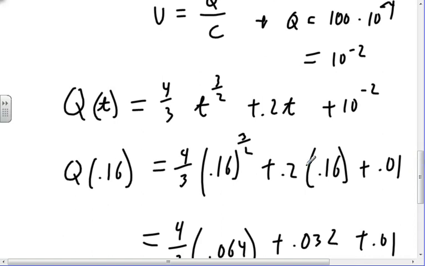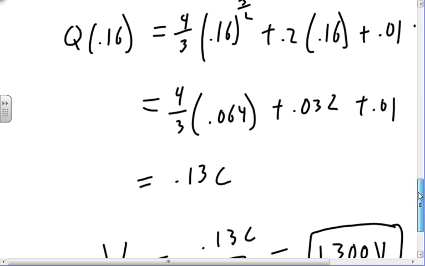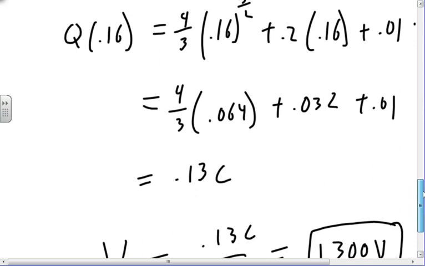Now there's nothing saying that the book is correct. You know, when you come right down to it, right? Times 4 thirds plus 0.2 times 0.16 plus 0.01 equals.